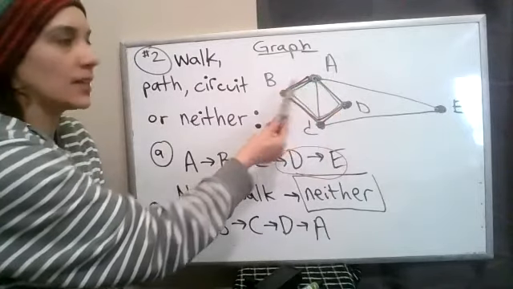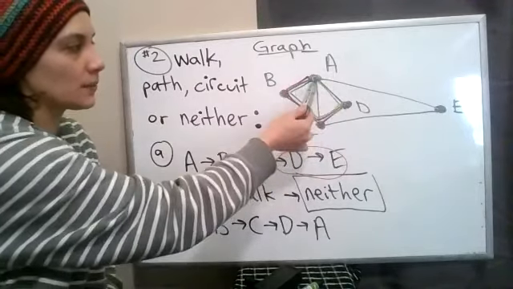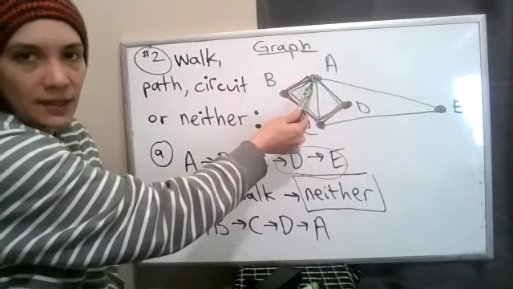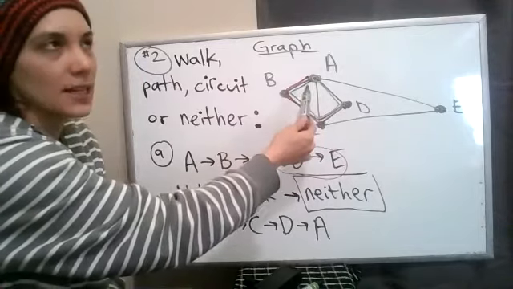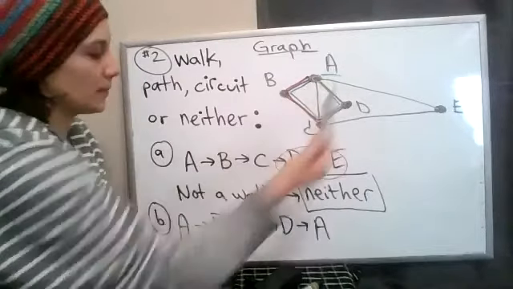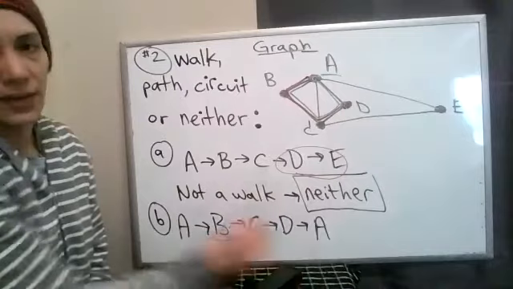We went from each vertex to the other one using an edge. It's also a path. This edge is used once, same here, and there. And you start where you end. So we have a circuit.